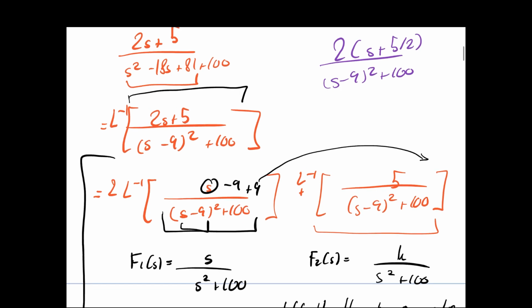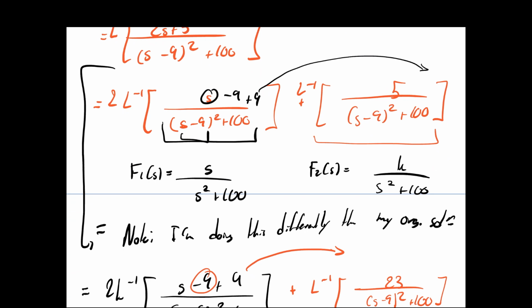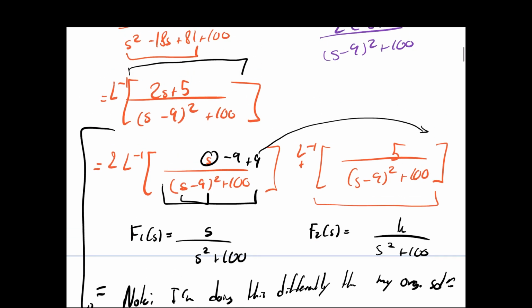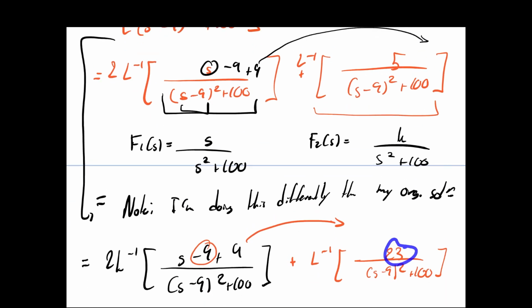But in our case, I just instantly separated it. I'm like, okay, I want minus 9, so I'm going to subtract 9 and add 9, and I've done nothing differently. When I combine those two, it'll be 0. And my plus 9, I brought it over into this one. You'll know how I got 23 in a second.